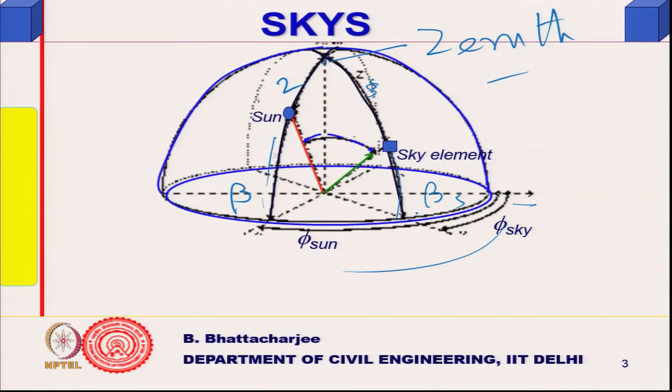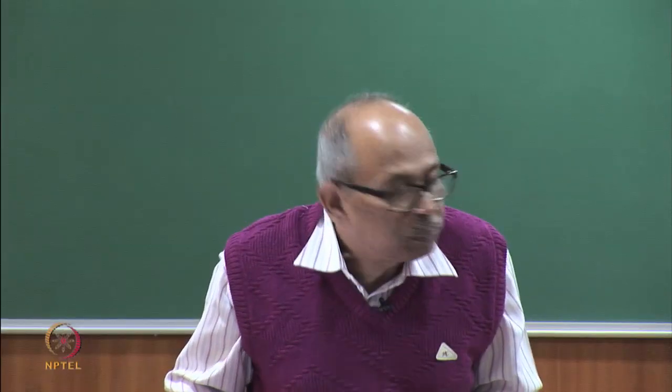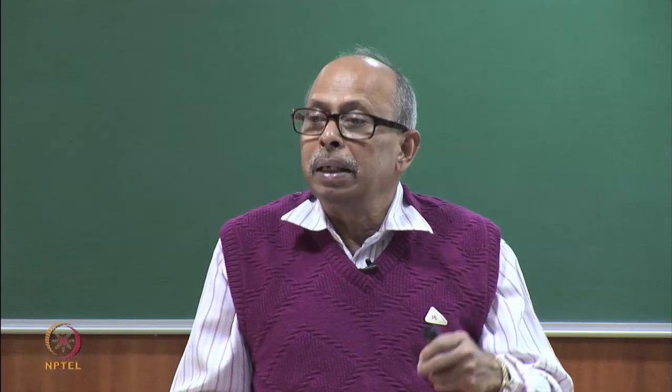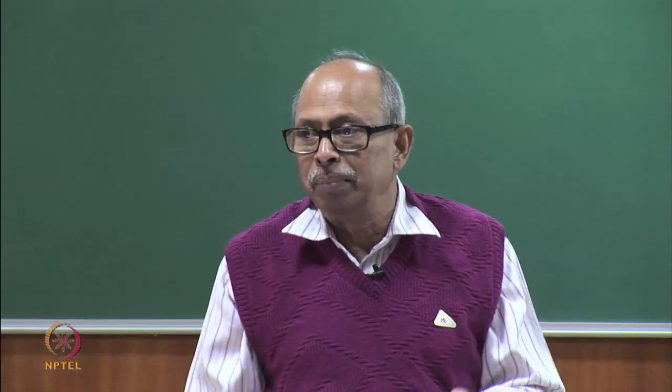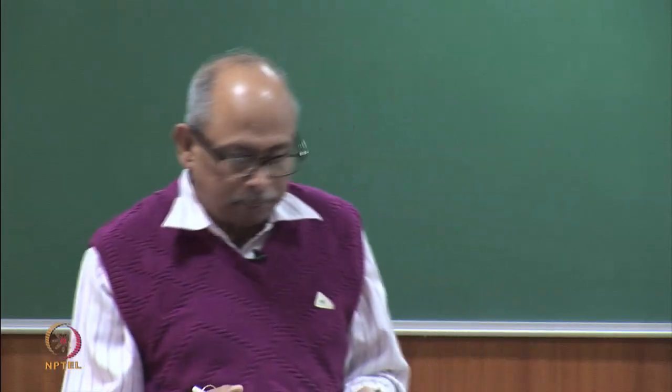Similarly, the azimuth angle of the point of my interest, the sky element, is theta sky. So, it has been made more general, you can find the brightness at any point in the sky in terms of the zenith brightness, that is how the functions are expressed.